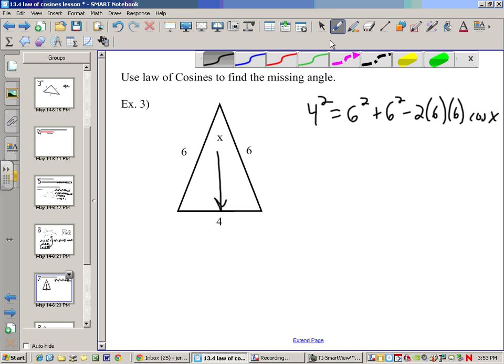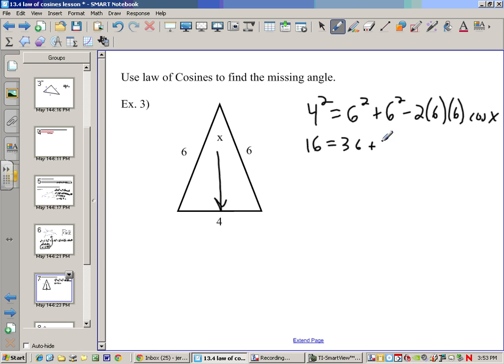All right, so now we can do this all out. And so we have 16 is equal to 36 plus 36 minus 36 times 2, which is 72 cosine x.